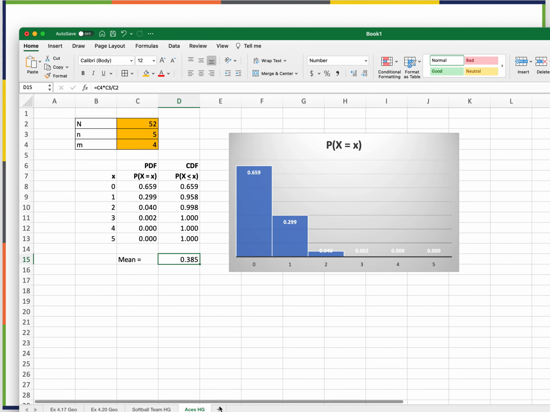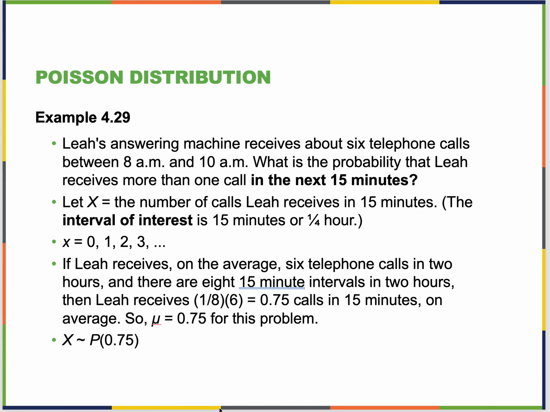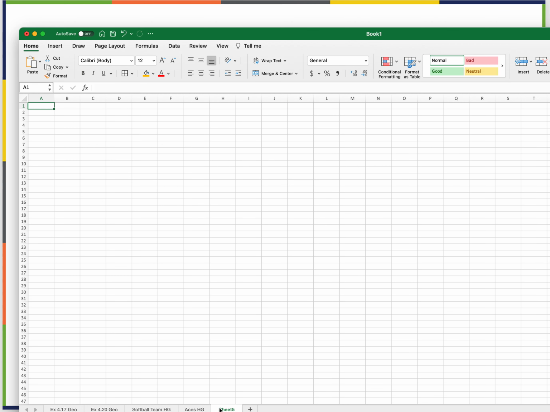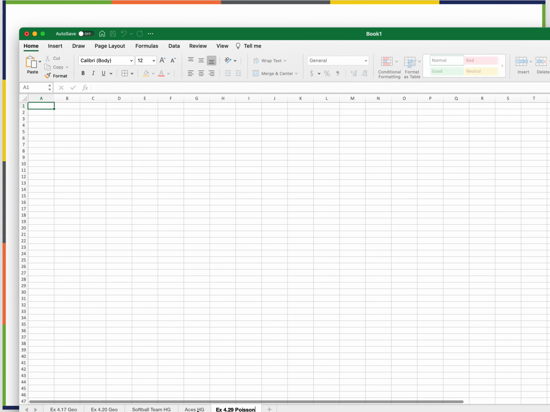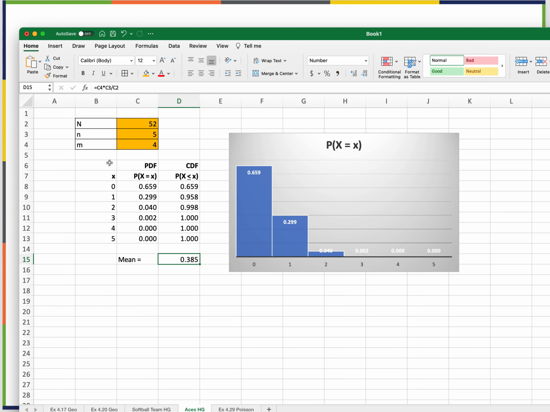So let's do example 4.29, and let's call this Poisson. Since I'm going to have the same kind of things, I'm going to copy some of this stuff over, the headers.